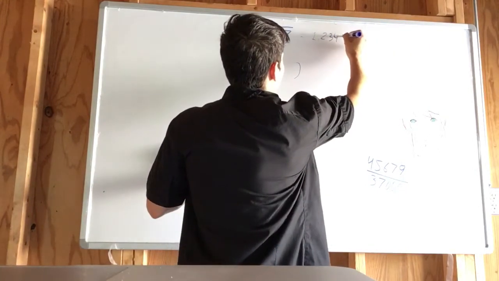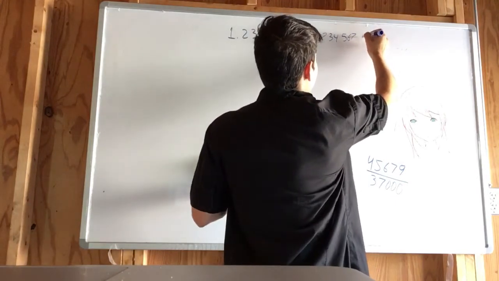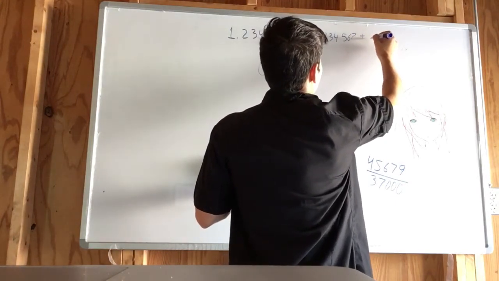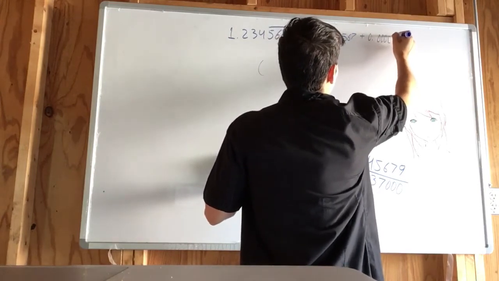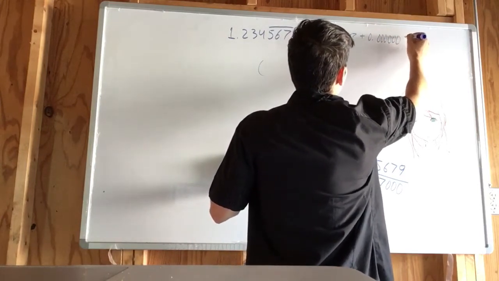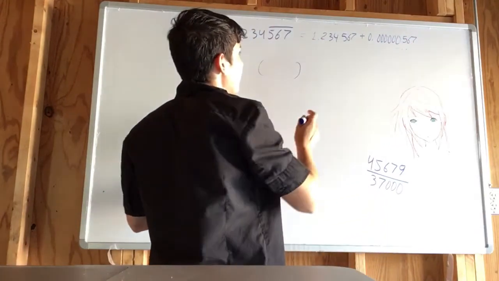1.234, and then we have 567, and then to this we would be adding 0.000000567. Why 6 zeros?